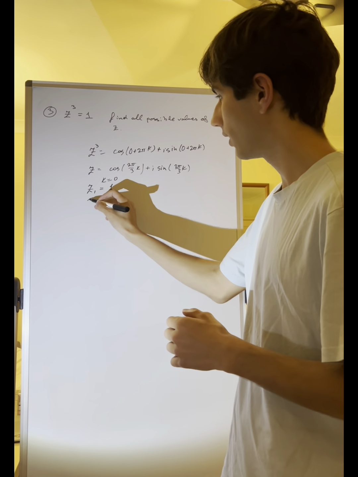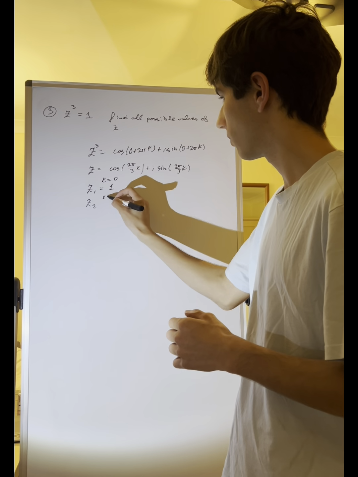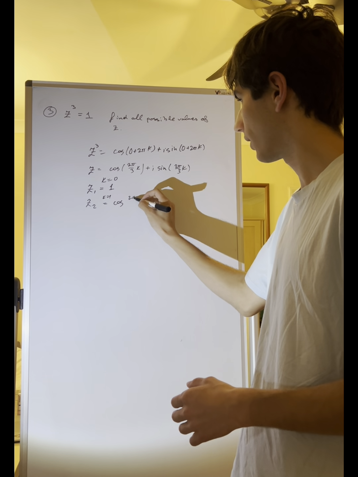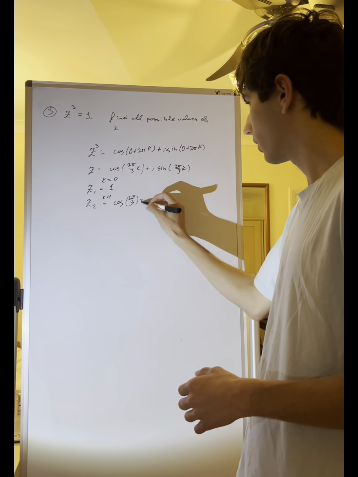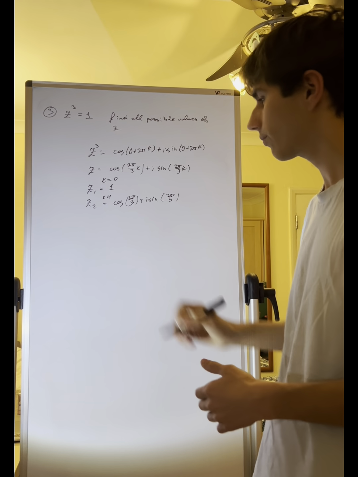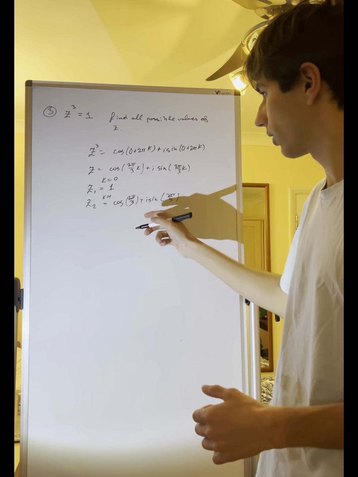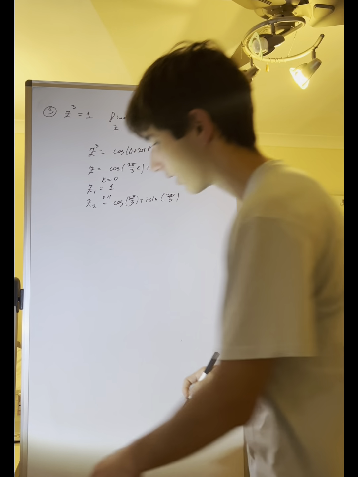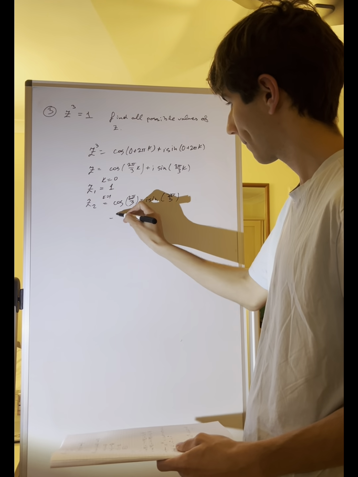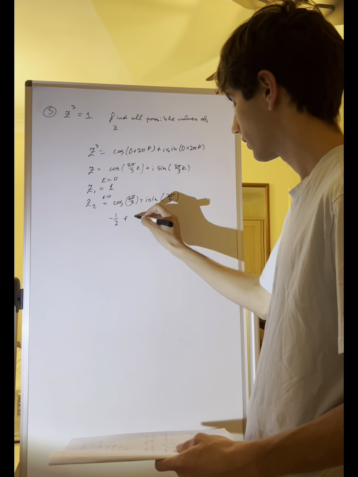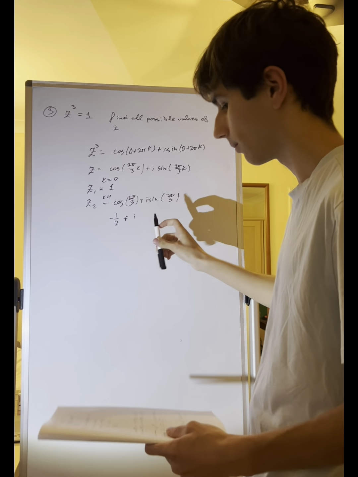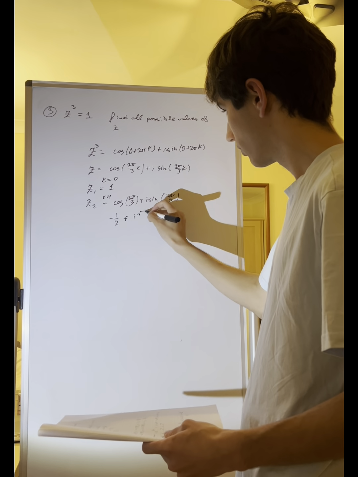If we put k equals 1, we're going to get cosine of 2 pi over 3 plus i sine 2 pi over 3. And cosine of 2 pi over 3, as we've had before, is negative 1/2 plus i times root 3 over 2.